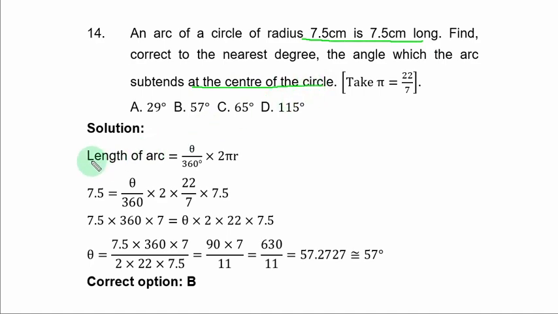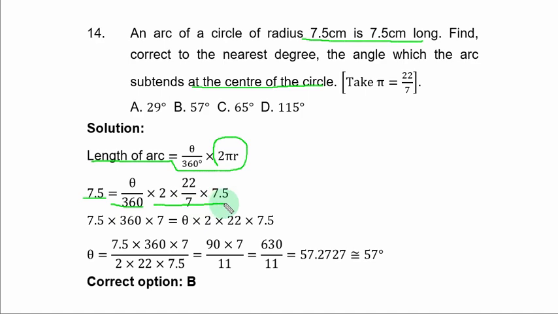So the length of an arc is equal to theta over 360 degrees times 2 pi r. You are asked to find theta. So the length of the arc 7.5 equals theta over 360 times 2 times pi, 22 over 7, times radius 7.5.